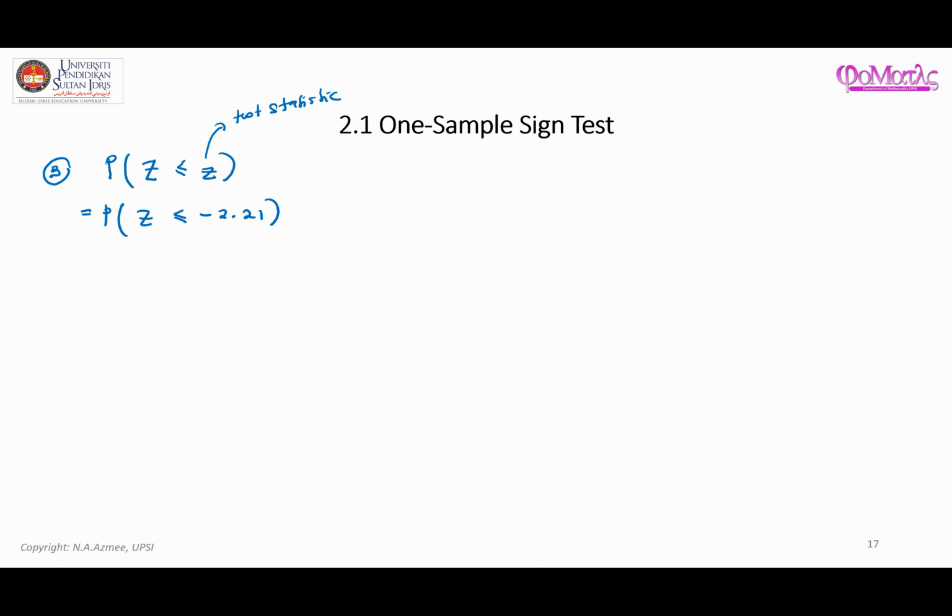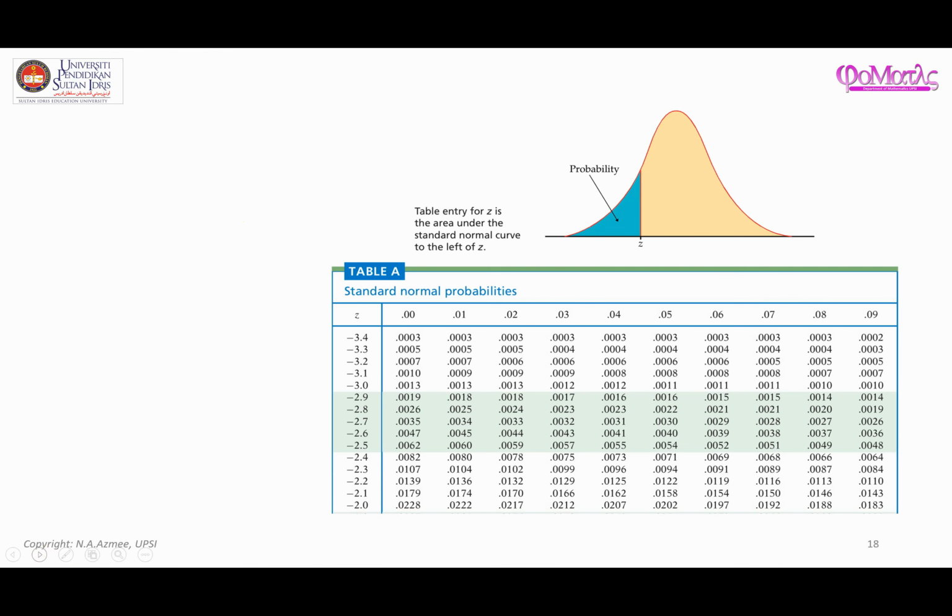And in order to find the probability here, you need to refer to the standard normal distribution table, and when you want to read the standard normal probabilities, you need to see the figure attached with the table.